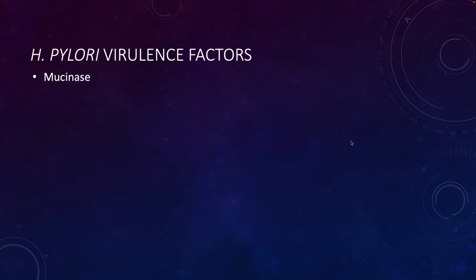So it produces a mucinase to help degrade the stomach mucus that protects our cells from the stomach acid. And it can produce phospholipases to destroy host cells. It produces a toxin called vacuolating cytotoxin, which also causes cell death.